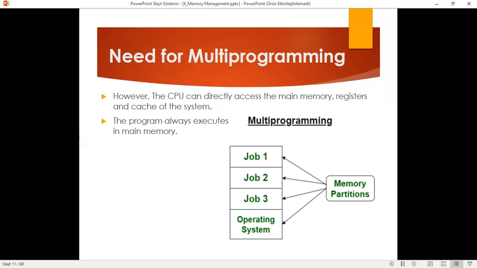If you can store 5, the degree of multi-programming is 5. So we learned here that the more processes I can put in main memory, the more my degree of multi-programming increases, which at the end increases the CPU efficiency or utilization.